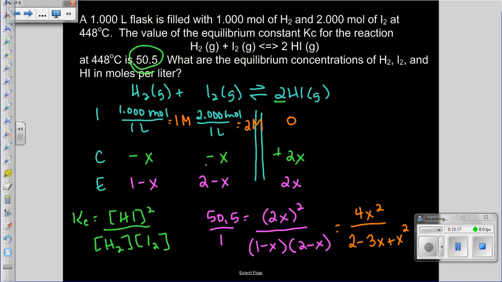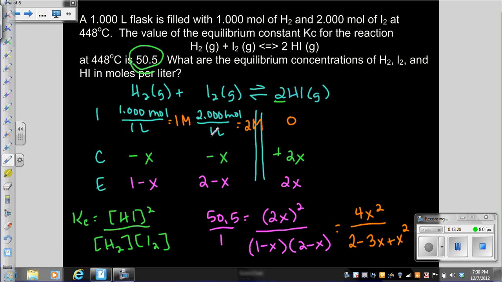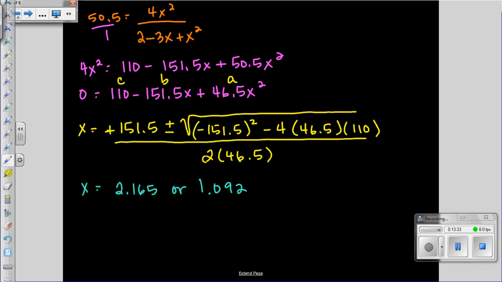If I go back and look, if I use the larger of those two numbers, I'm going to get a negative number here. Sorry, I can't remember what it is, 2.165.